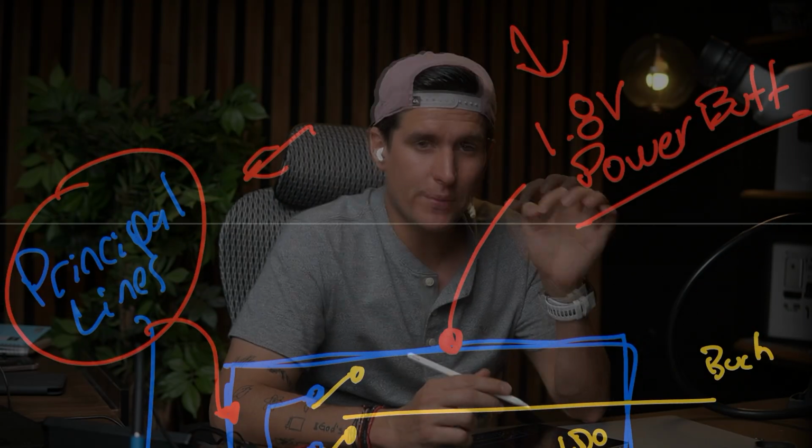So when we press the power button, we go from 1.8 volts to 0 volts, because that's how the power button works, right? We have 1.8 volts, and when we press the power button, we are getting this 1.8 volts to ground, and for 5 seconds, so the PMIC understands that and says, okay, I have to power on.